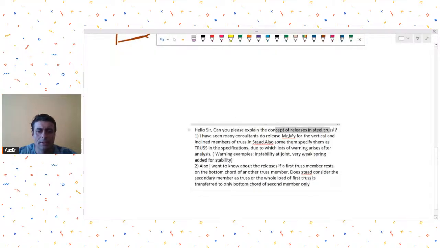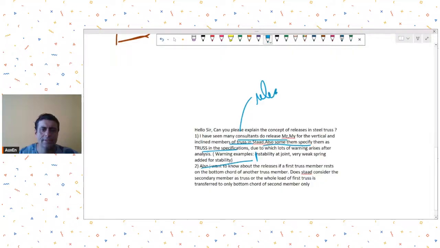Can you please explain the concept of releases in steel truss? I have seen many consultants release the MZ, MY for vertical and inclined members of truss. Also, some of them specify them as truss in specification. So this is the first part of his question.